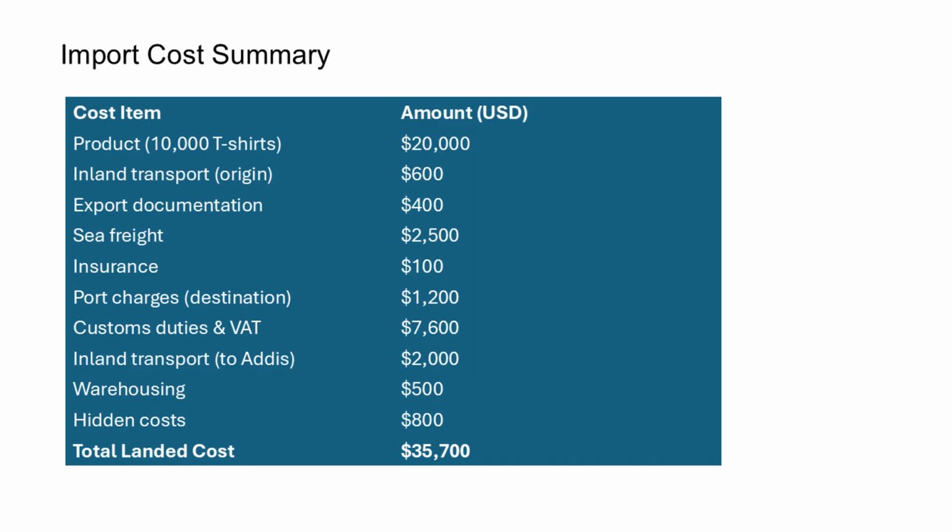We pay 600. We pay some for the certificate of origin and documentation purposes, $400. Let's see, freight, 2,500. We buy insurance at 100. We paid 1,200 for port charges or destination charges. Customs duties and VAT like 7,600.